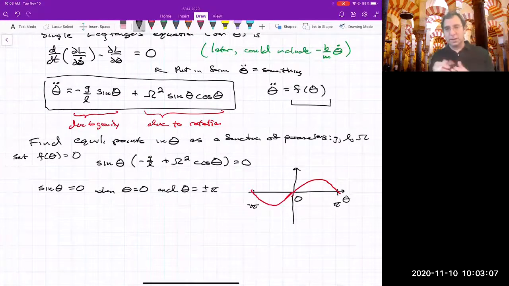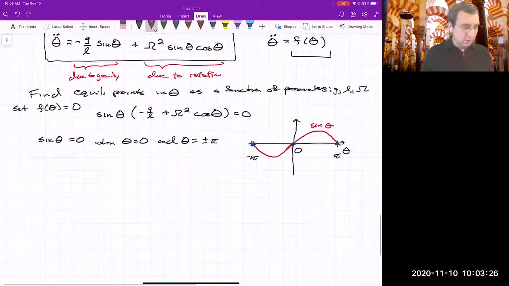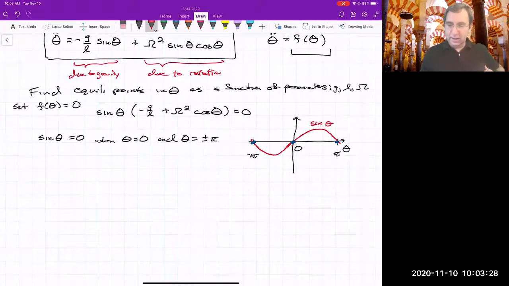Physically, plus or minus pi are the same position. That would be this thing running into itself. So we might rule those out, but let's keep them for now. So those are the zeros. Plot them as little blue dots. This is just sine theta here. Okay, so we'll have those as equilibrium points.